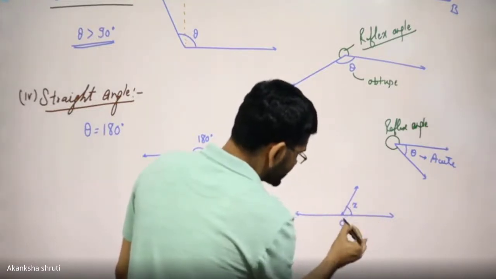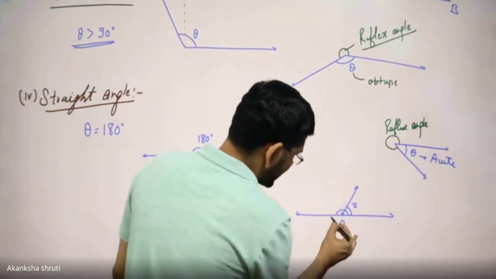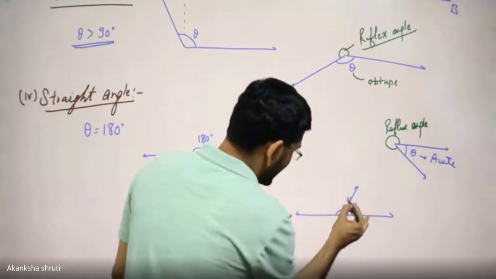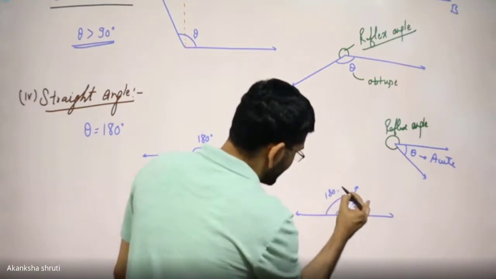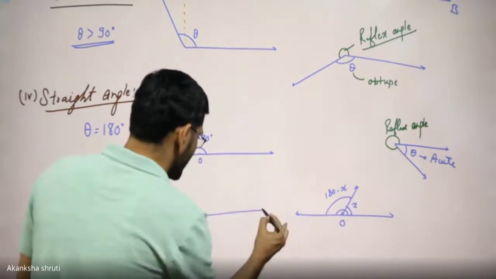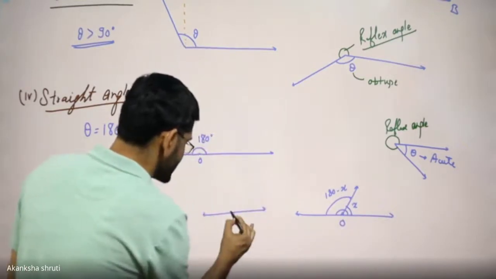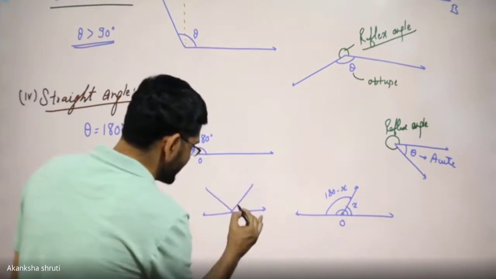Consider X, and surely this complete angle will be 180, and this will be 180 minus X.